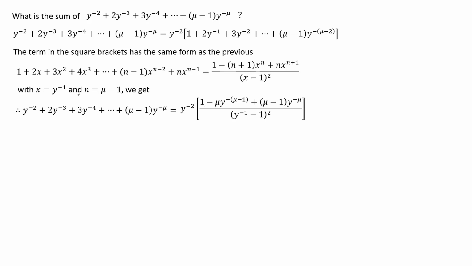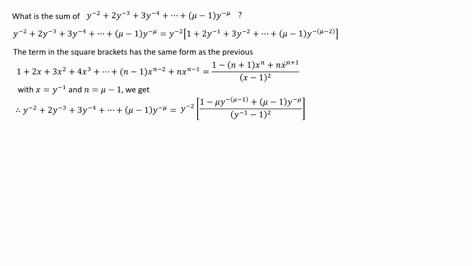X to the n, x is y to the negative 1, y to the negative 1 raised to n, but n itself is mu minus 1. So y to the negative of mu minus 1, right? Y to the negative n, but n is mu minus 1, so y to the negative of mu minus 1. Cool. Plus n is mu minus 1.